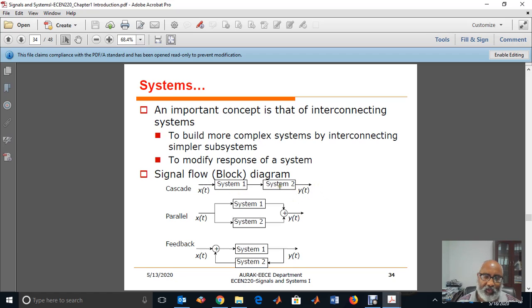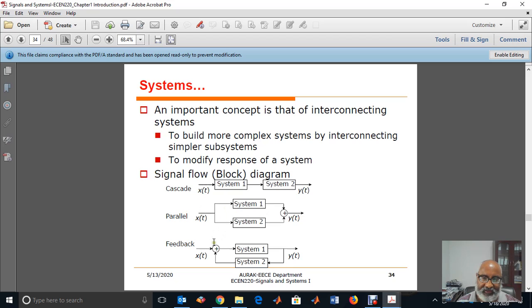This is a series connection of two systems, and we call this a cascaded system. We can also have a parallel system. For example, here an input x of t goes to both system 1 and system 2, and the output of system 1 is added to the output of system 2 to get the total output y of t.